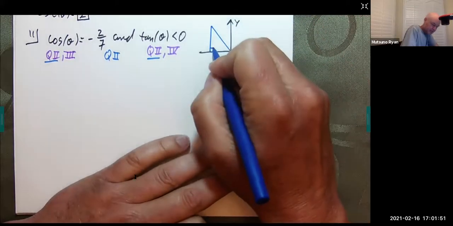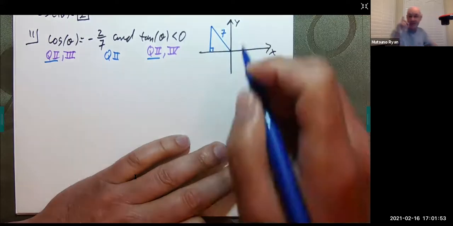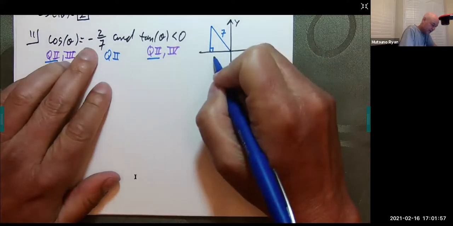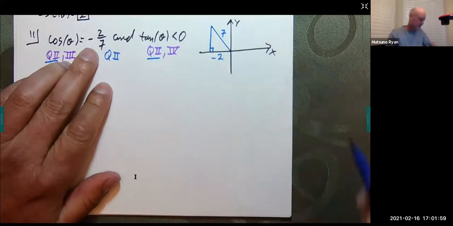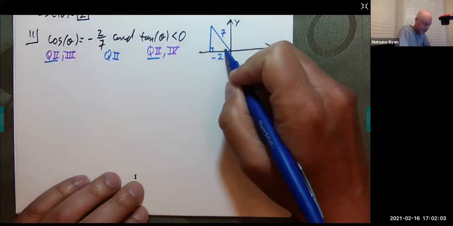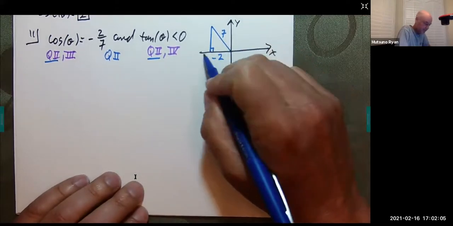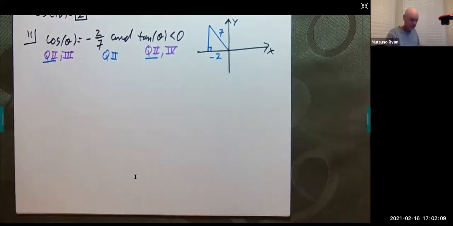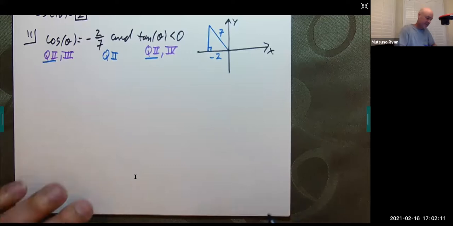Hypotenuse here is 7. Hypotenuse is always positive, which makes this the negative 2. Because for cosine, the reference angle is always going to be the adjacent over the hypotenuse. Now I'm going to need to do some Pythagorean theorem to get the rest of that triangle.